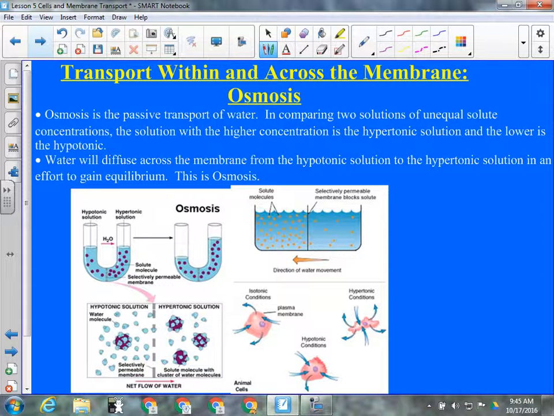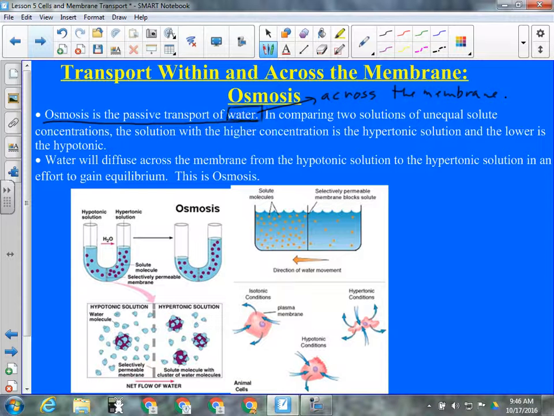Right? So osmosis is the passive movement of water, okay, across the membrane. We should add that part. Okay? Osmosis is the passive transport of water across the membrane. Here's the key.